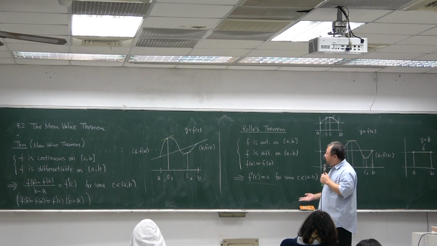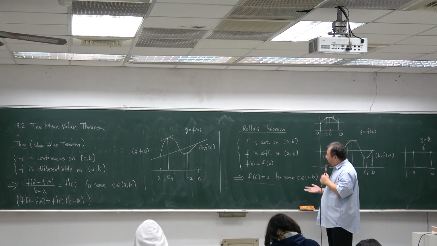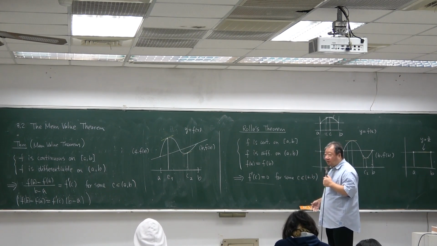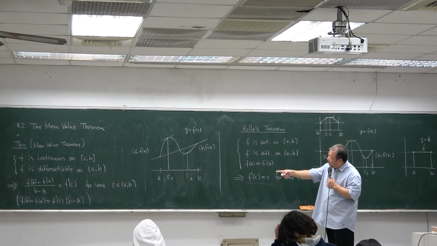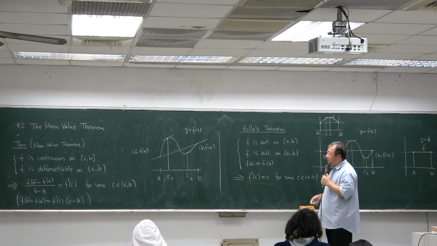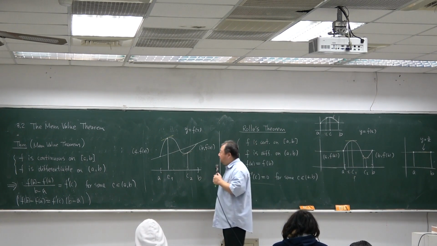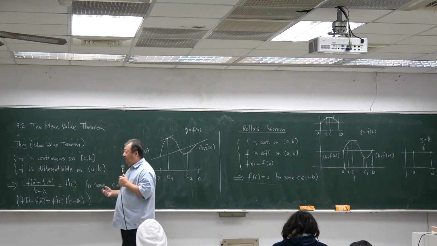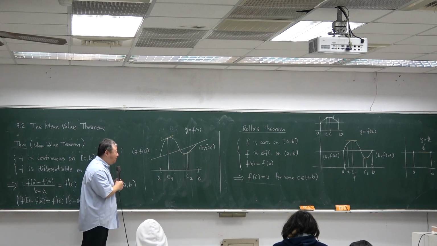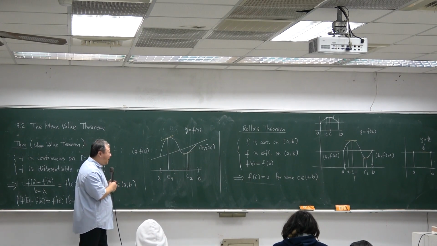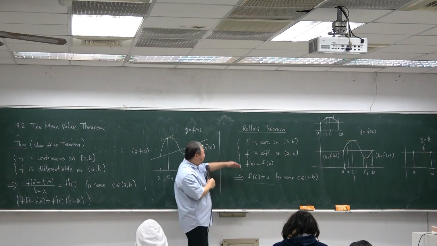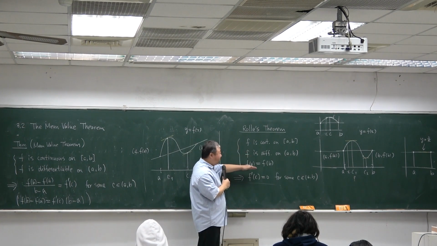So in this section we use what we have learned from the last section. And this theorem can be proved by Rolle's theorem. How to use this one to prove that one? The key is to define some function that satisfies condition 1, condition 2, and this condition.